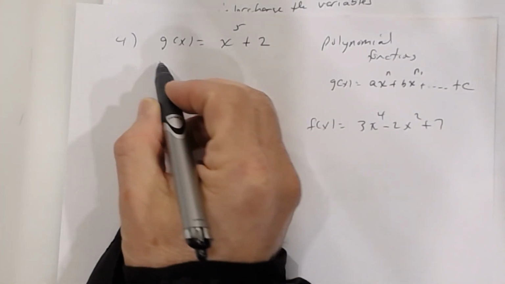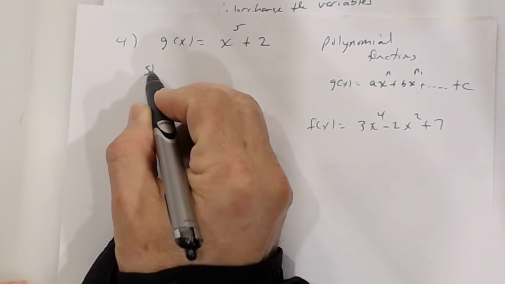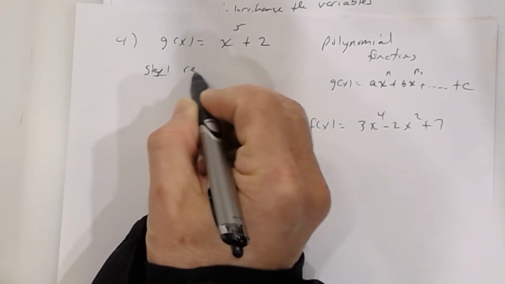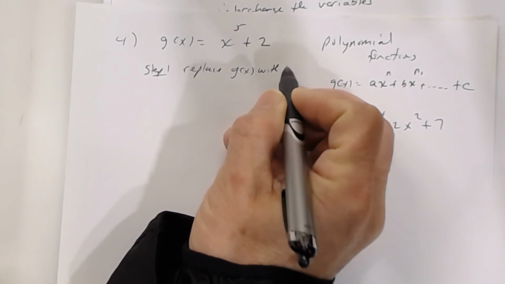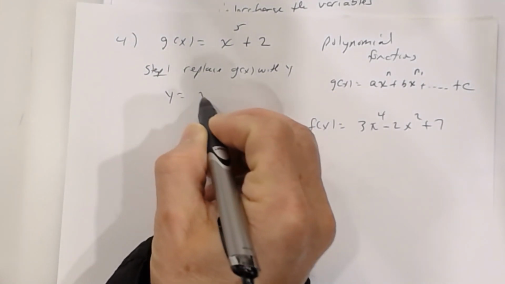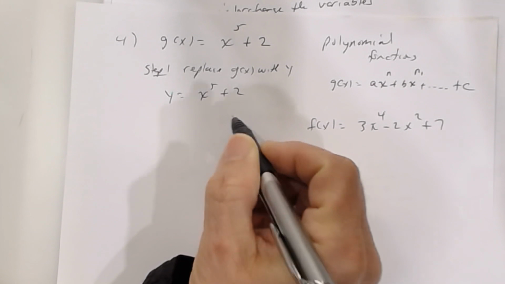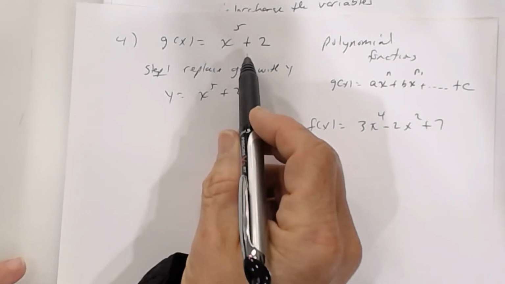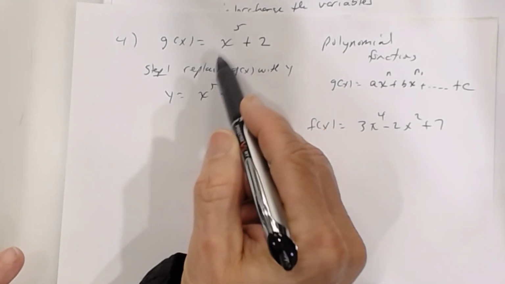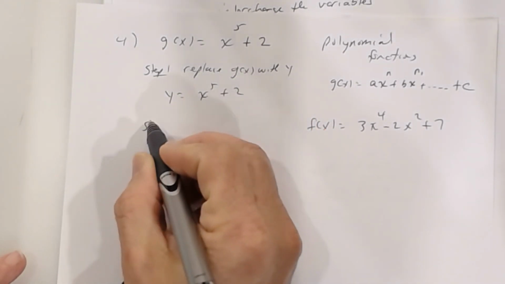So what's step 1? Replace g of x with y. So I get y equals x to the 5th plus 2. Now you don't know what the graph of this looks like, but it is 1-to-1, so just take my word for it. What's step 2?